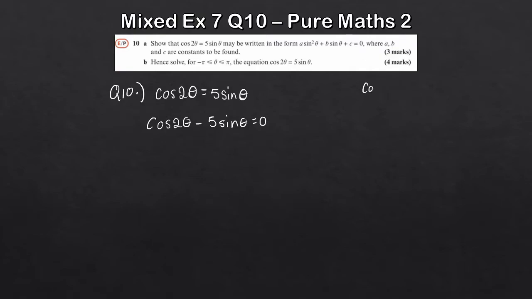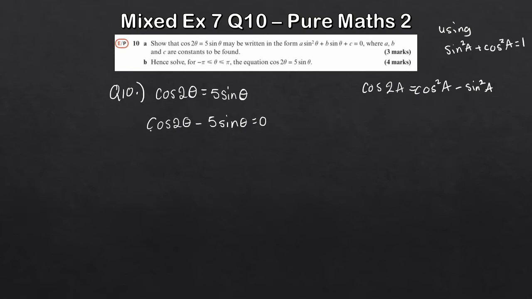And at this stage here now, we can just use our double angle formula for cos. So again, just using cos 2a is equal to cos squared a minus sine squared a. And then just rearranging here using cos squared a plus sine squared a is equal to 1. Just substituting here, you can manipulate this into a couple of different ways.